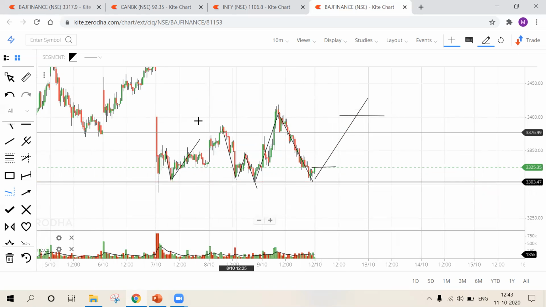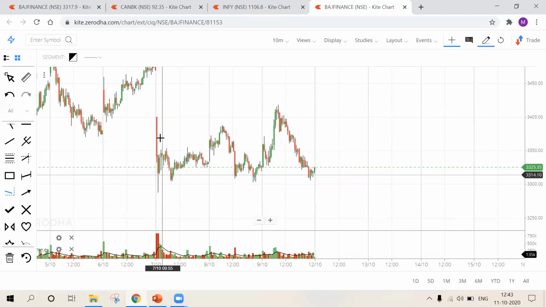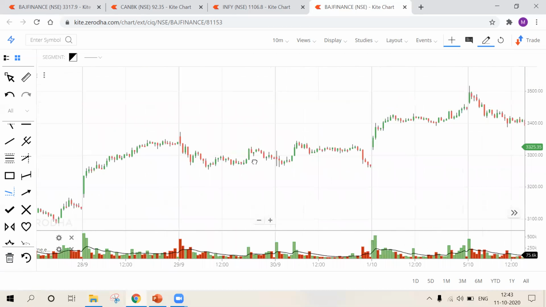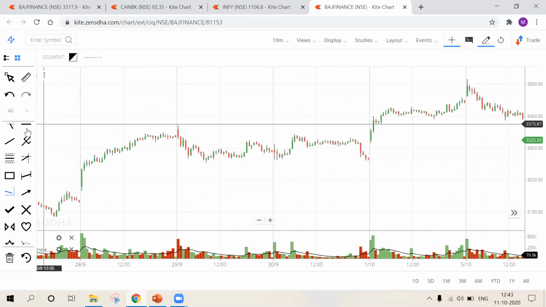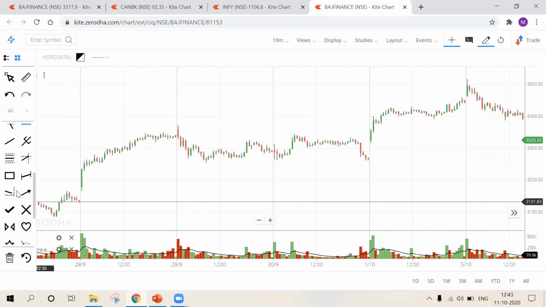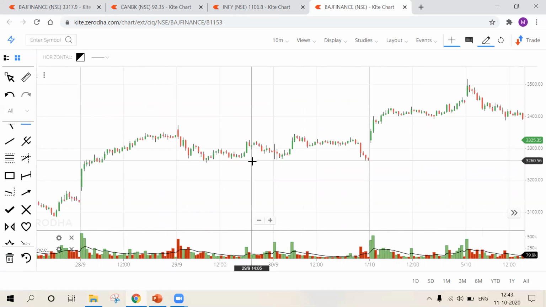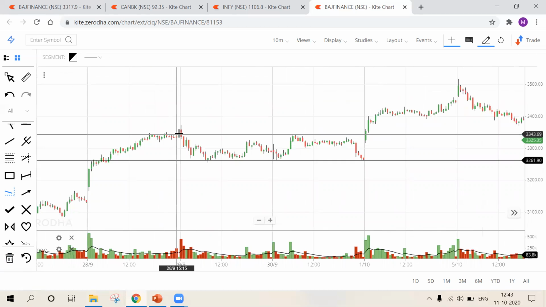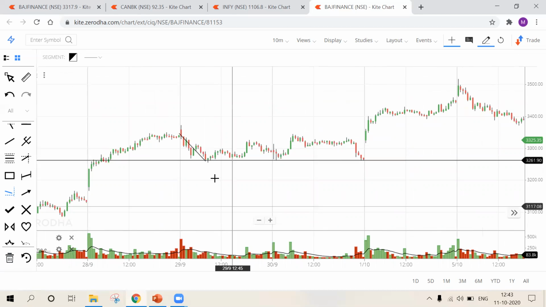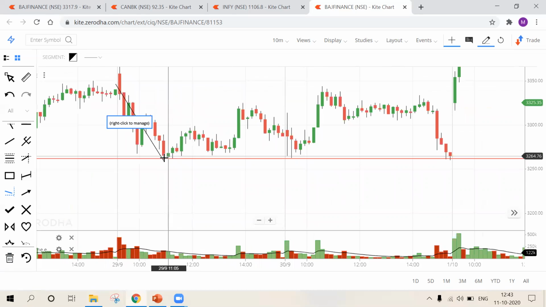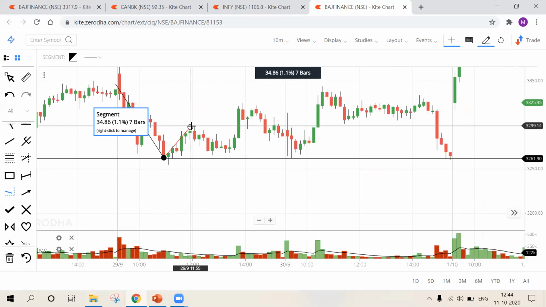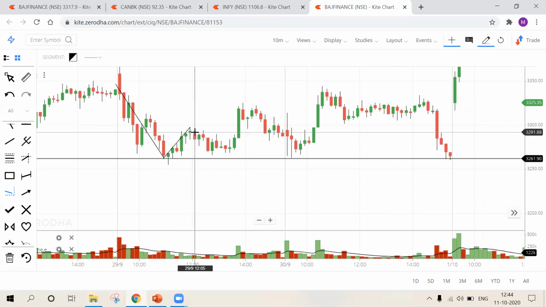If you want me to explain with another example, let's search for another support level here. I'll select the horizontal line from the drawing tool and draw this level. Now see, at this point sellers are trying to push the price downward, but price took support here and bounced back. Buyers came and pushed upward.